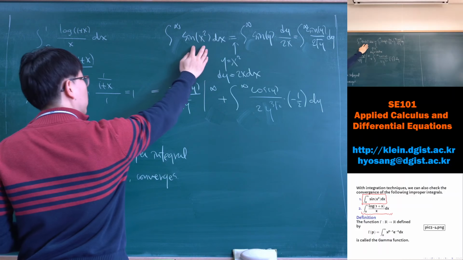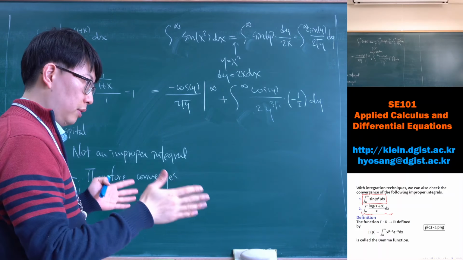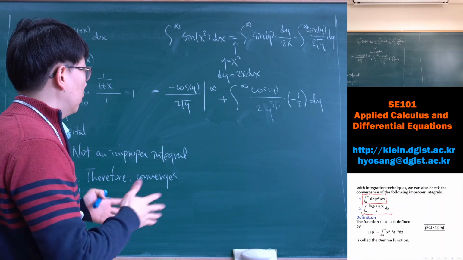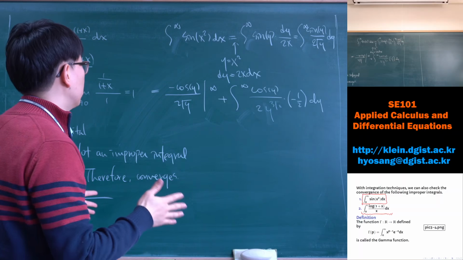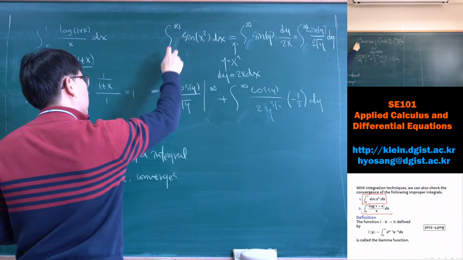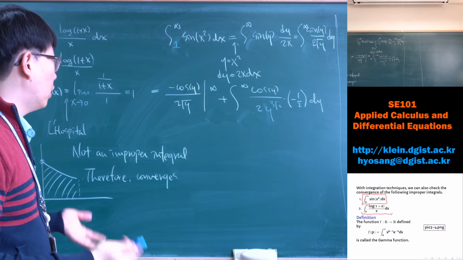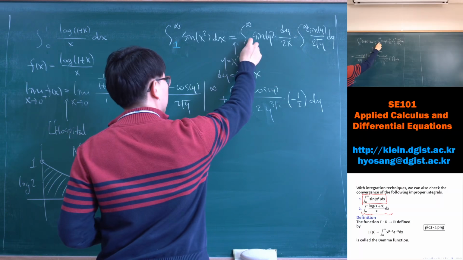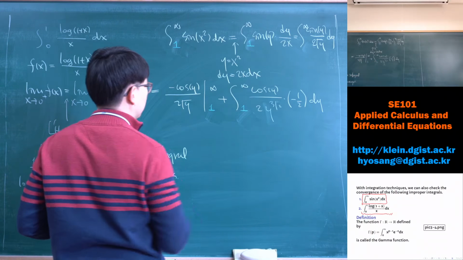So sine x squared has finite value from 0 to say 1. So to check whether this improper integral converges or diverges, you don't need to take the integration from 0 to infinity, but you can only take the integration from some finite value, say 1 to infinity. So let me just take the integration from 1 to infinity.